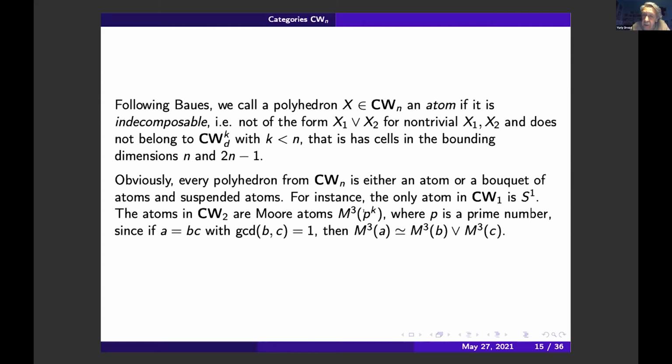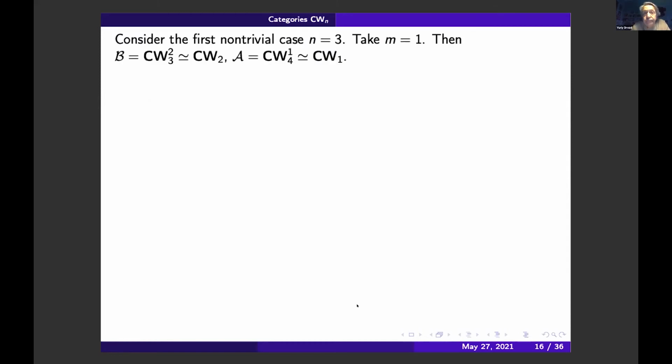And moreover, here we must have a power of a prime number, because if A is B times C and the greatest common divisor of B and C is 1, then the Moore space corresponding to A is just the wedge of Moore spaces corresponding to B and C. So the indecomposable Moore spaces are only those where we have the degree a power of a prime number.